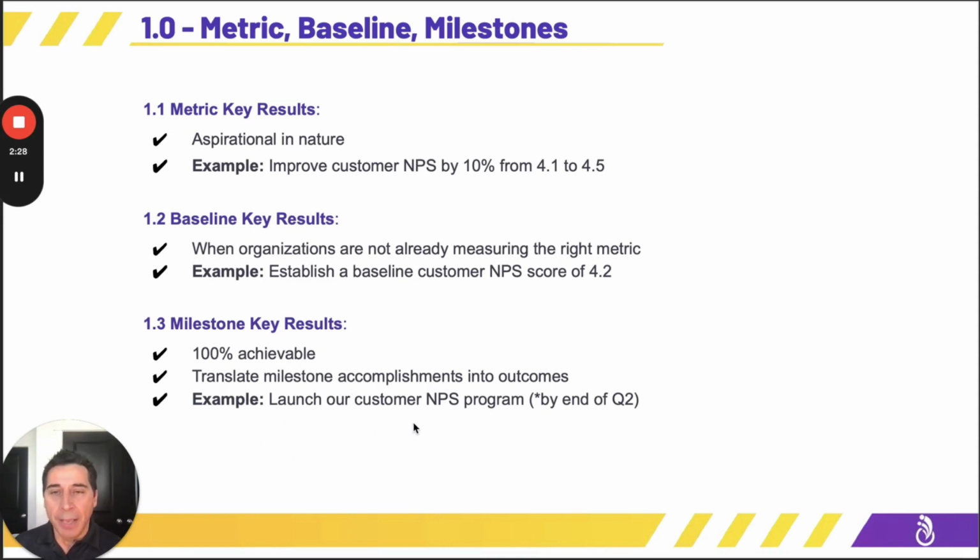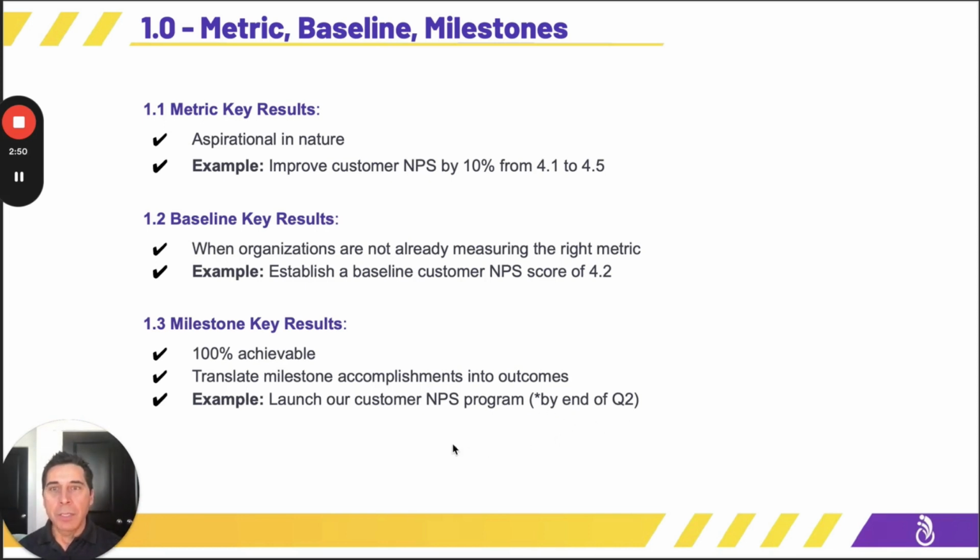An example of that would be to launch our customer NPS program. And here I have "by end of Q2" with the asterisk. The reason I do that is because, as coaches, we often see organizations include a date as part of their key result, so by end of Q2.